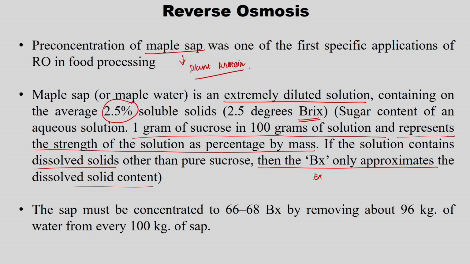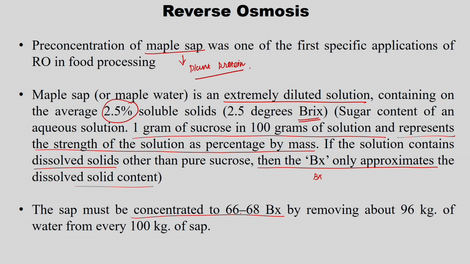What we are discussing is the maple sap, which is an extremely diluted solution containing an average of 2.5% soluble solid. How reverse osmosis is used to concentrate this maple sap, that is the process. The sap must be concentrated to 66 to 68 Bx.